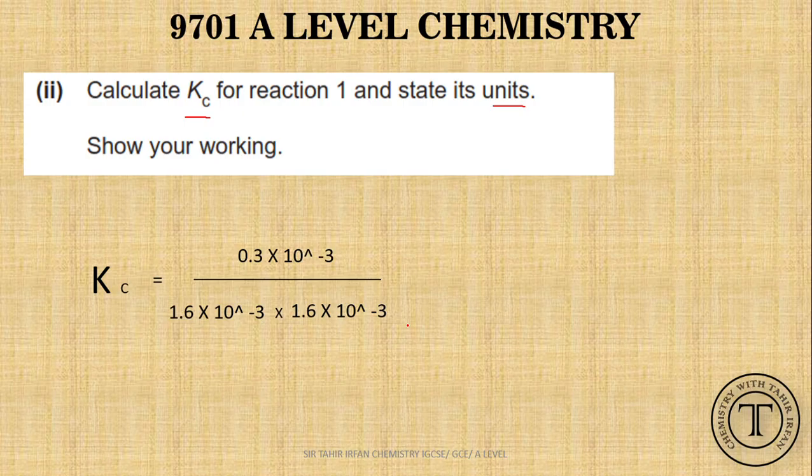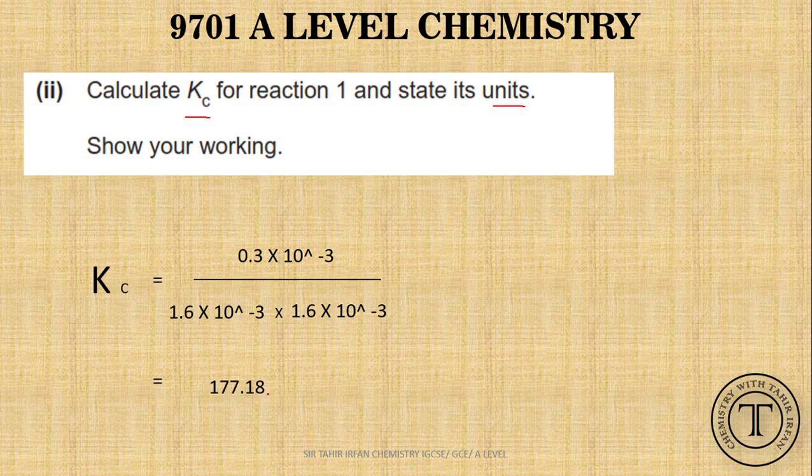If it had been 2, 3, 4, whatever molar ratio was there, that particular molar ratio comes as the power. But in our case, in reaction 1, all the reactants and product had a 1 molar relative ratio in the balanced chemical equation. So when we manipulate this equation, we get to the point that Kc's numerical value is 177.18.